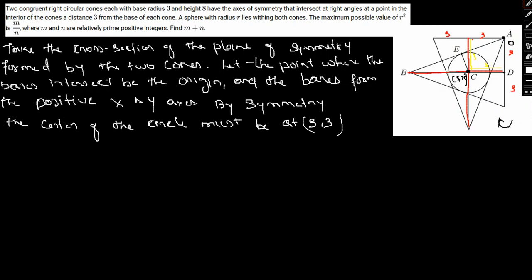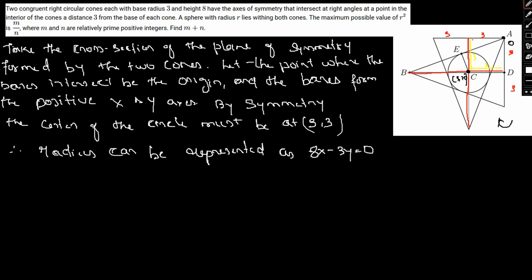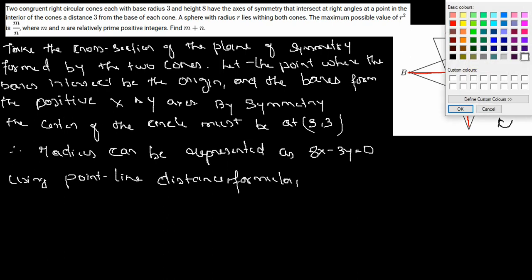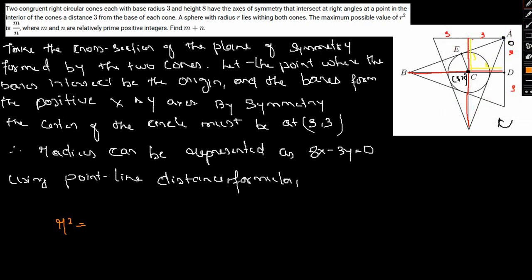Therefore, the radius can be found from the line represented as 8x minus 3y equal to 0, using the point-line distance formula. r square would be given by 15 square over the square root of 8 square plus 3 square, whole square, which gives 25 over 73.